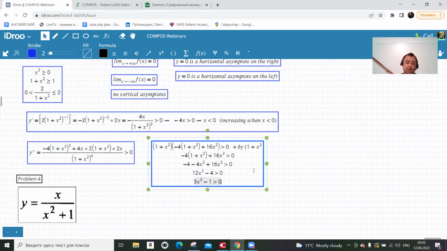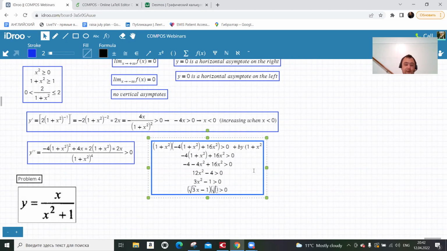So you can find the critical points. Well, I'm going to factorize it. Greater than 0. So it's going to be square root of 3x minus 1, and square root of 3x plus 1.